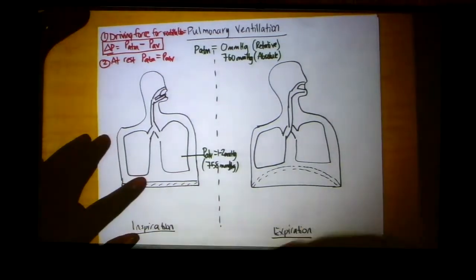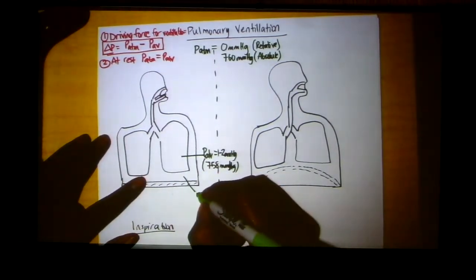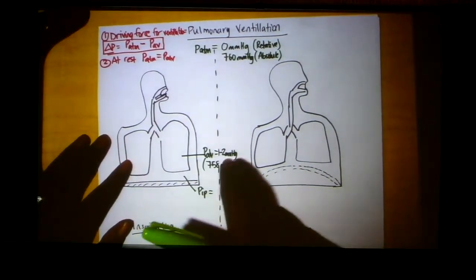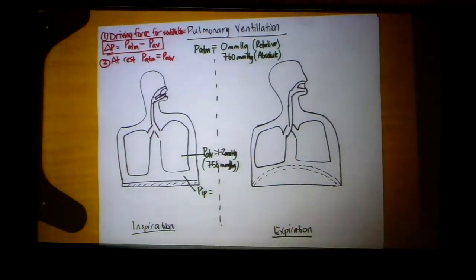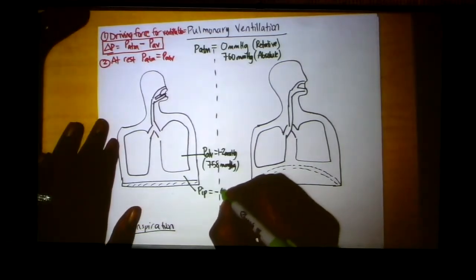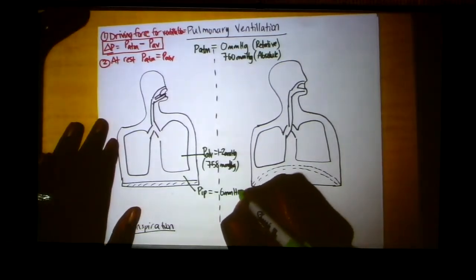Our intrapleural pressure, which is the pressure in the pleural cavity, has to be less than the intra-alveolar pressure. Okay, so it's going to be more negative. Again, that's what's keeping the lungs inflated. So we'll say that's about -6 millimeters of mercury.